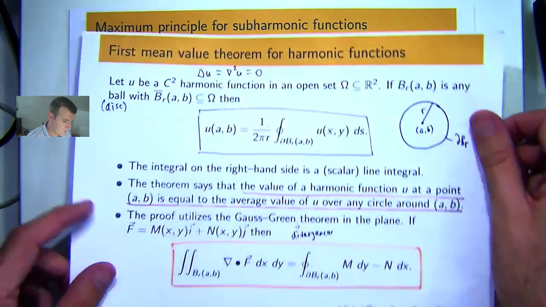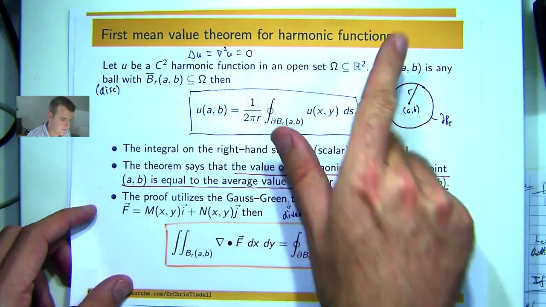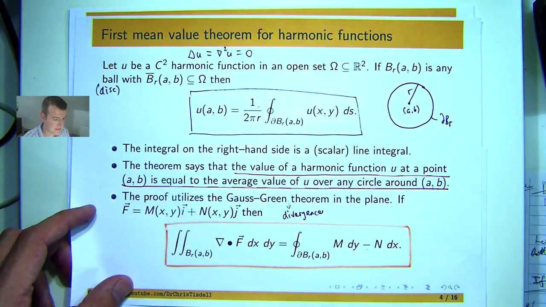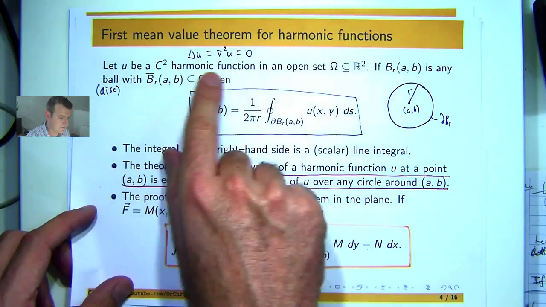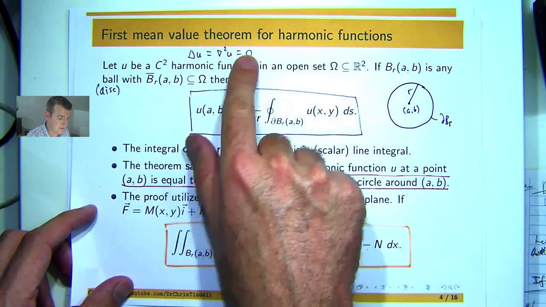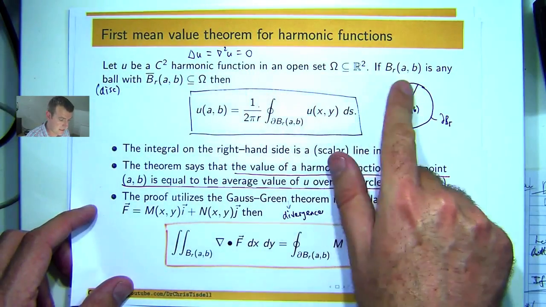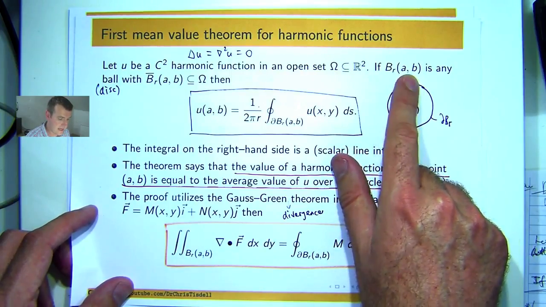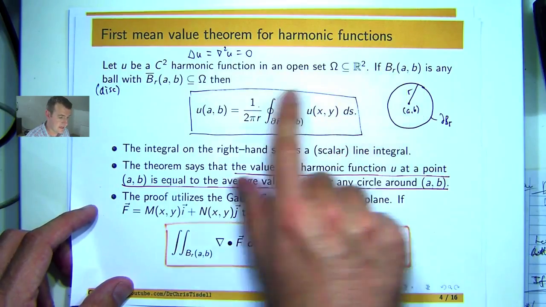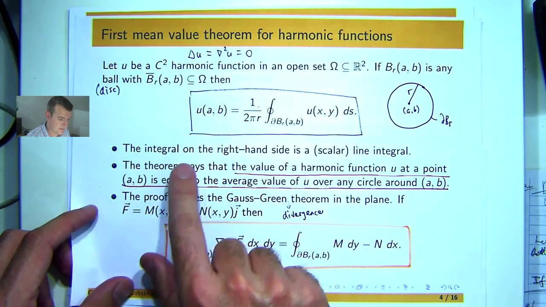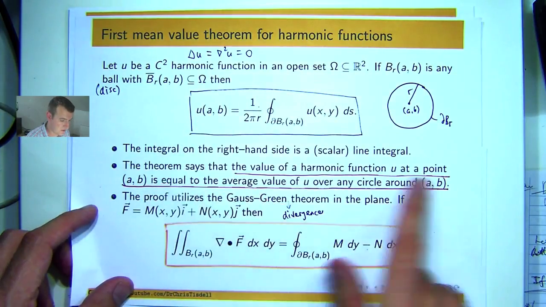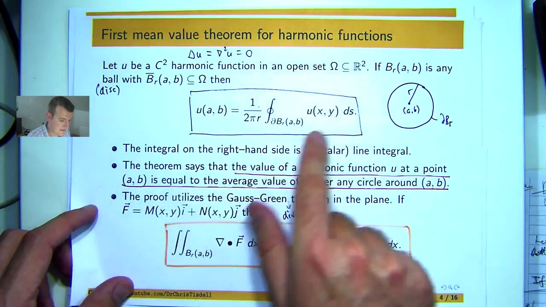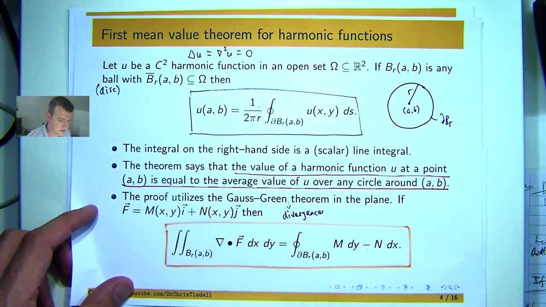Before I get to the proof, let me just show you what we did in a previous video. We looked at the first mean value theorem for harmonic functions and subharmonic functions. Suppose you have a harmonic function where you have equality here. In some open set, if we have some disk or ball centered at (a, b) with radius r, then the value of the harmonic function u at the point (a, b) is equal to the average value of u over any circle.